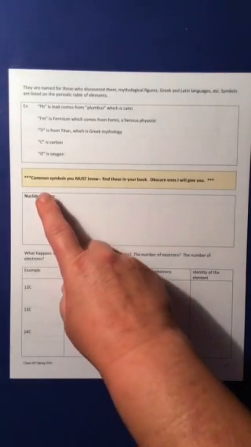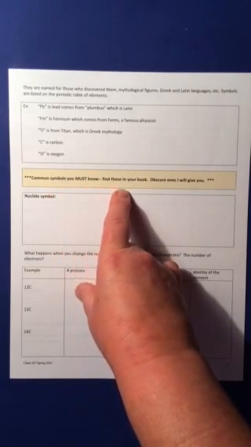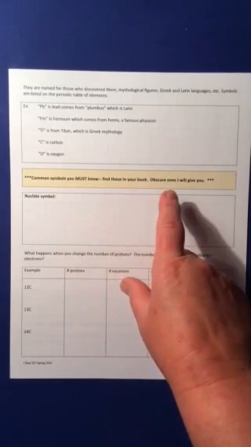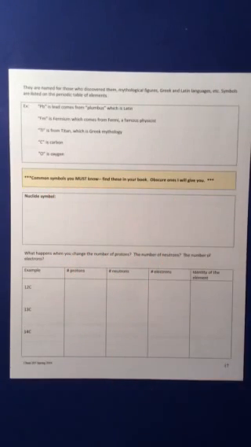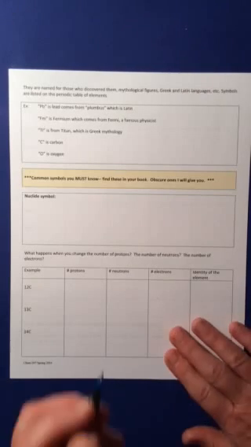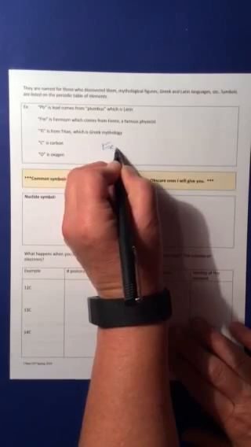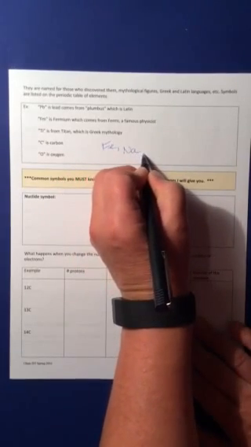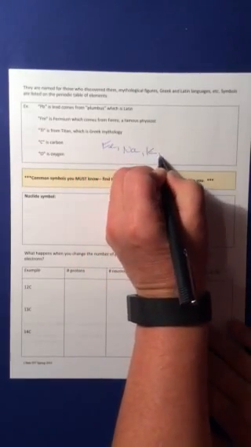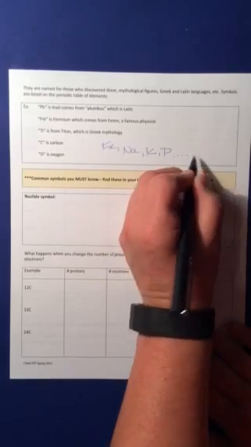You must know the common symbols. Any obscure ones or ones that we just don't really talk about a lot, I would give you those. But I would expect for you to know that Fe is iron and Na is sodium, K is potassium, P is phosphorus, and so on and so forth.